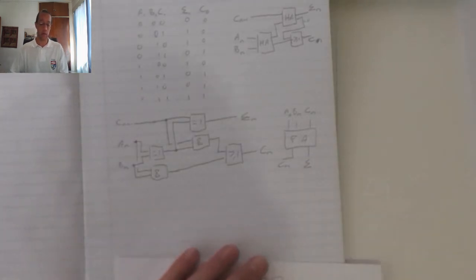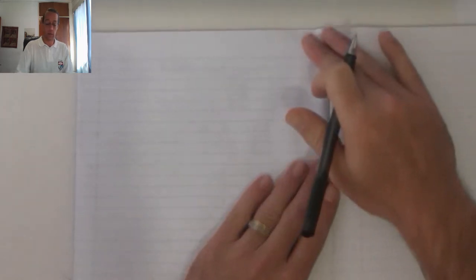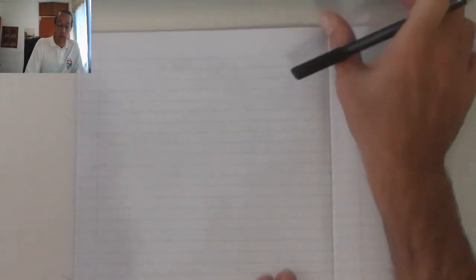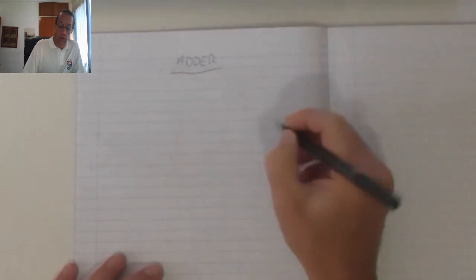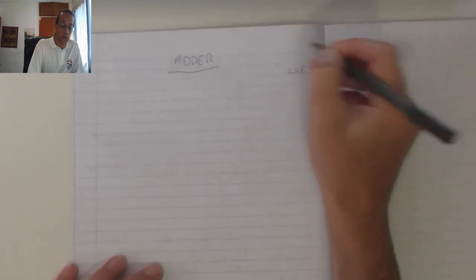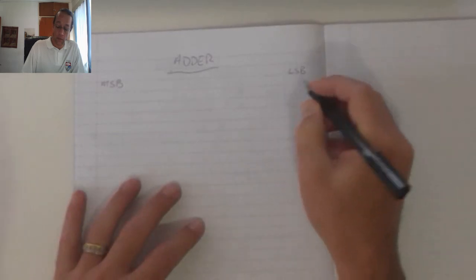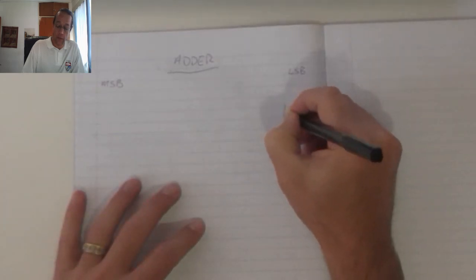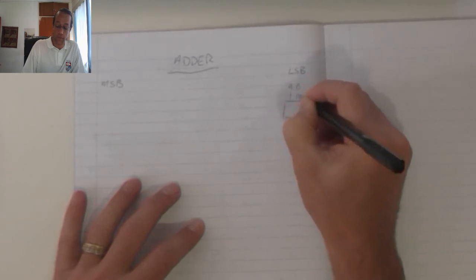Now, as a simple application, let's look at how we're going to combine these in order to form an adder in total. We always start with the least significant bit on the right and the most significant bit on the left. Firstly we're going to feed this into a half adder.